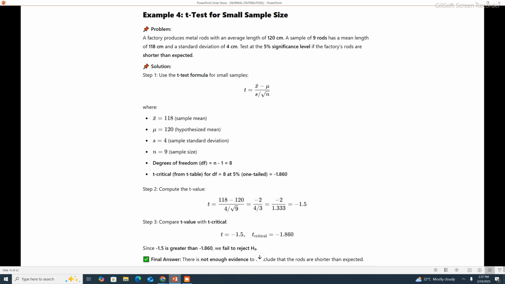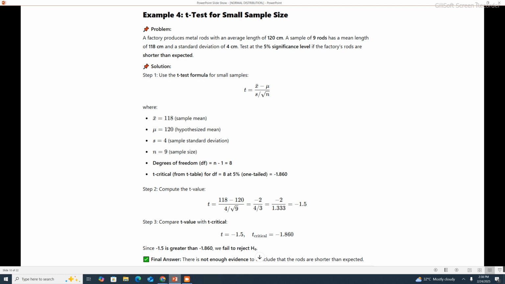Now, what they want us to do is to test. We want to know whether this sample mean that we get, don't forget the mean for the entire population is 120, and 118 is what we are getting when we draw out 9 rods out of the whole population, at a 5% significance level. This significance level is more or less like the accuracy level you are setting.